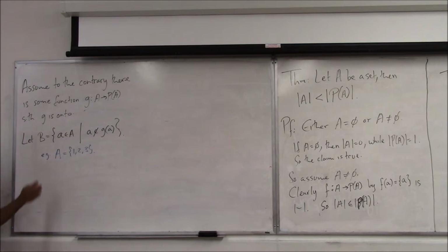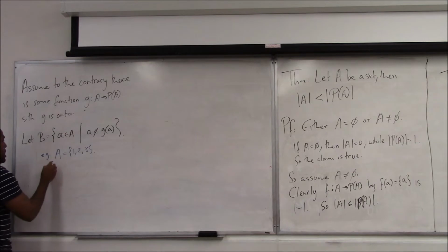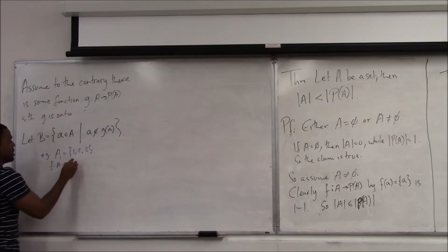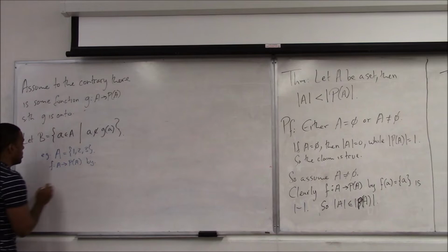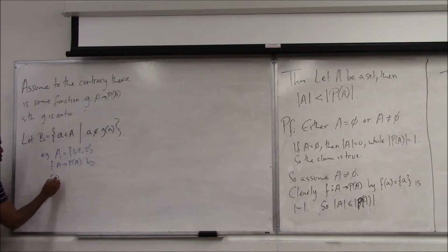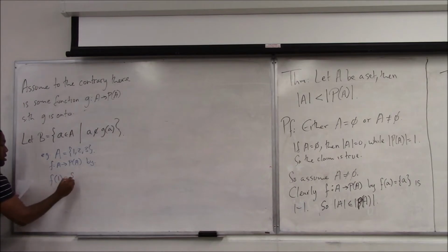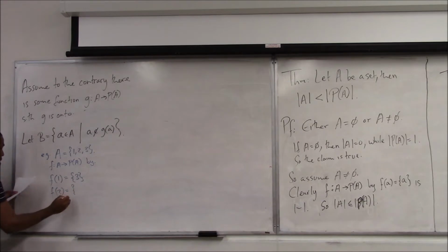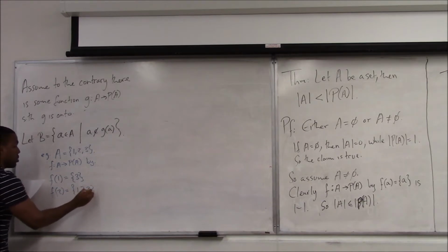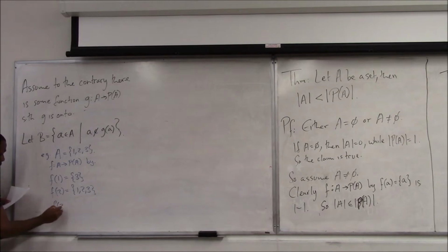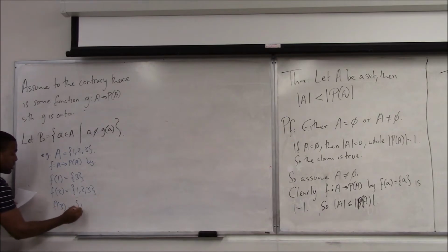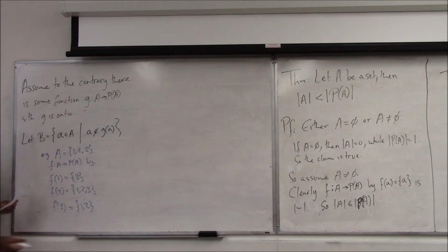Let f go from A to the power set, where f of the element 1 is the set {3}, f of the element 2 is the set {1, 2, 3}, and f of the element 3 is the set {1, 2}.